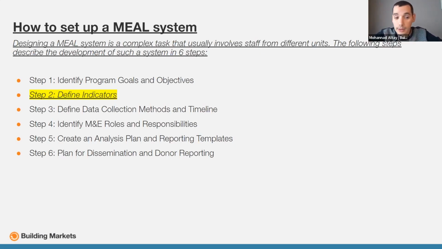And the last step, step number 6, is to plan for the dissemination and donor reporting. After you have collected everything, analyzed and assessed it, and made some changes according to the data you collected and what you learned, it is time for reporting on what you did.